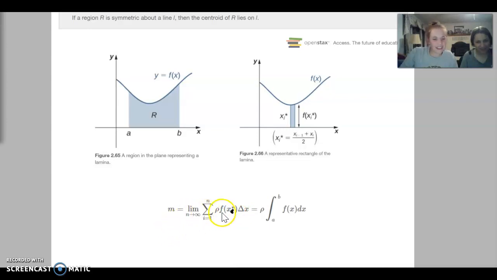Then you get that times the triangle, and no one knows what the triangle is or what it equals. It's a triangle. So you get the limit as n goes to infinity of the sum of triangle x times rho, which is distributed to the x star.